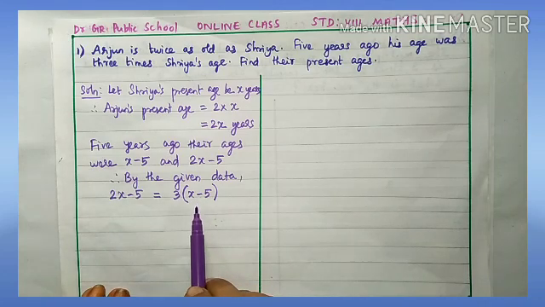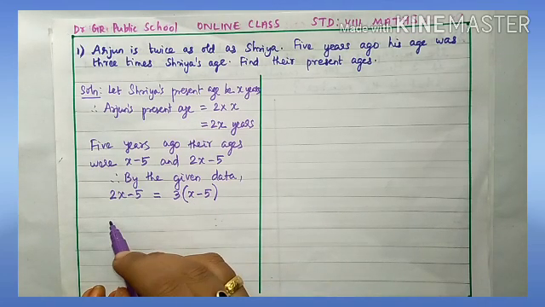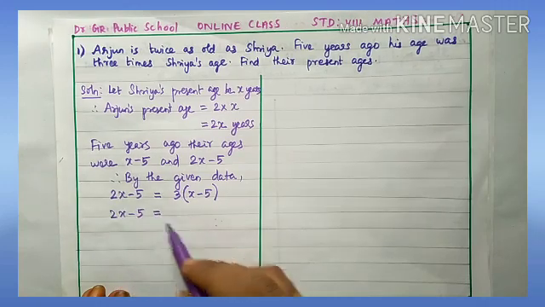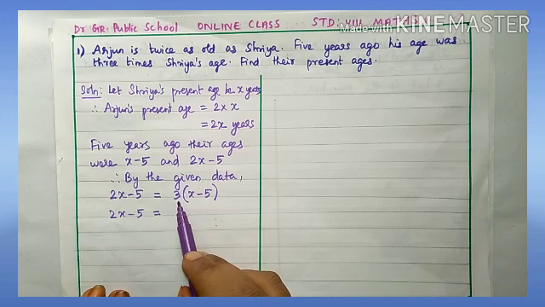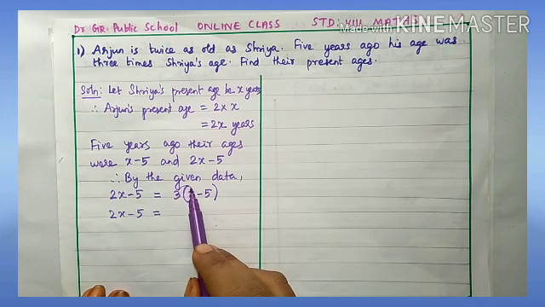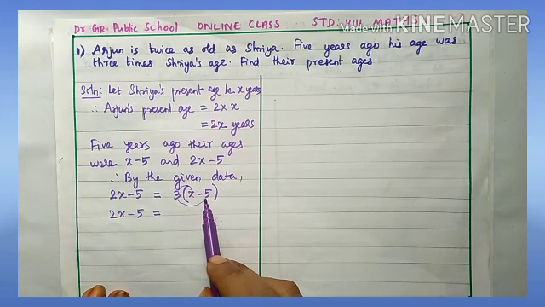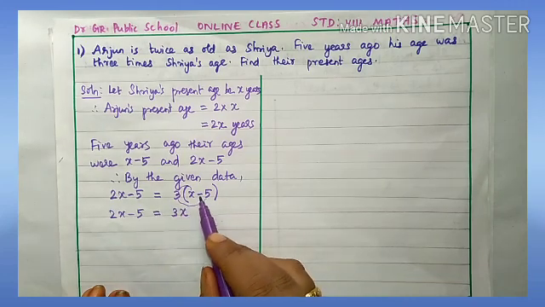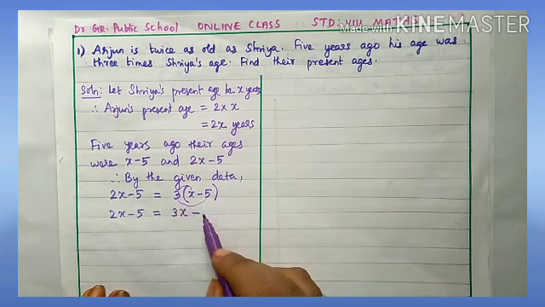Now whenever we use a bracket, what will you do? We want to open the bracket. So next step is 2x minus 5 is equal to 3 is common here. So first you want to multiply 3 into x, then 3 into minus 5. So that is 3 into x, 3x, minus 3 into 5, 15.